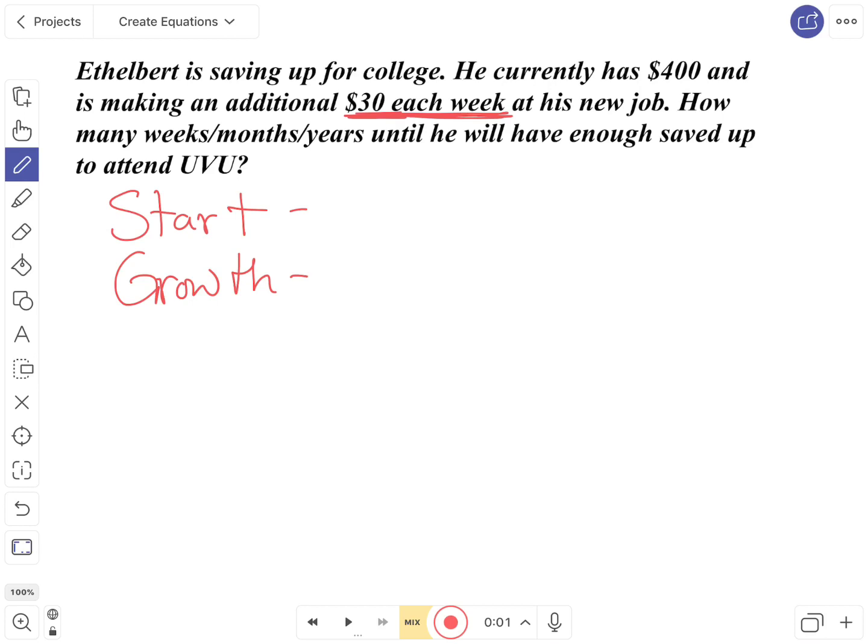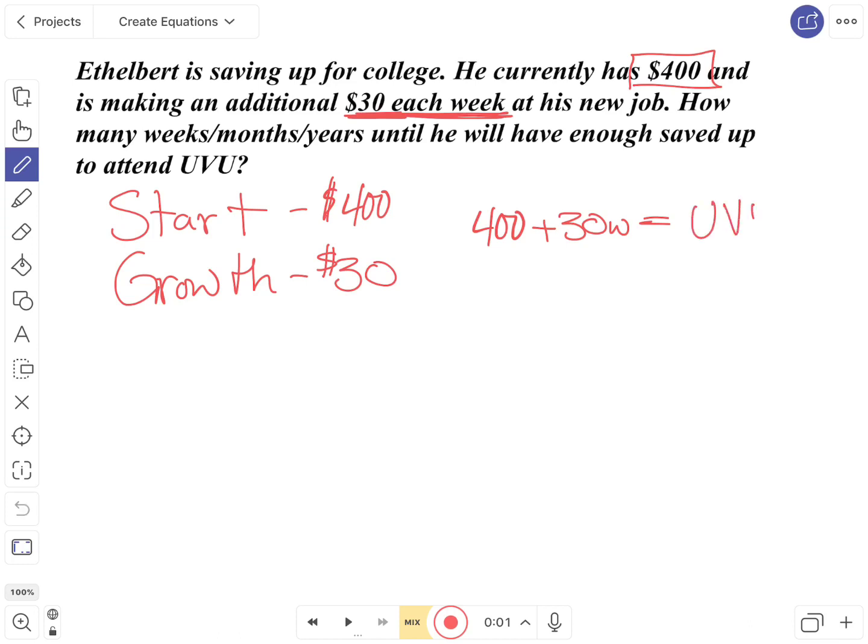So his savings account growth is $30 per week. And how much does he already have? Well, he's starting with $400, right? So we start with that $400, and what are we doing? We're adding 30 each week, w for week, and that will get, hopefully, enough money to attend UVU.